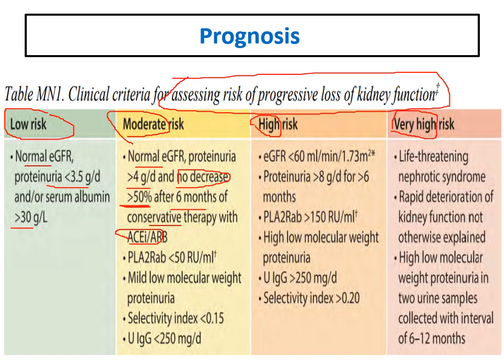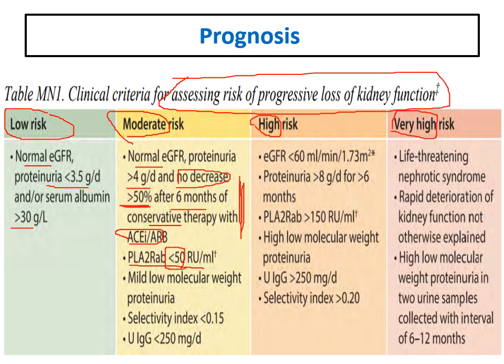So in a patient without remission after 6 months of antiproteinuric drugs, what is the definition of remission? A 50% decrease in proteinuria. Also in patients with phospholipase A2 receptor antibody less than 50, now it is present in the criteria, the assay with levels.